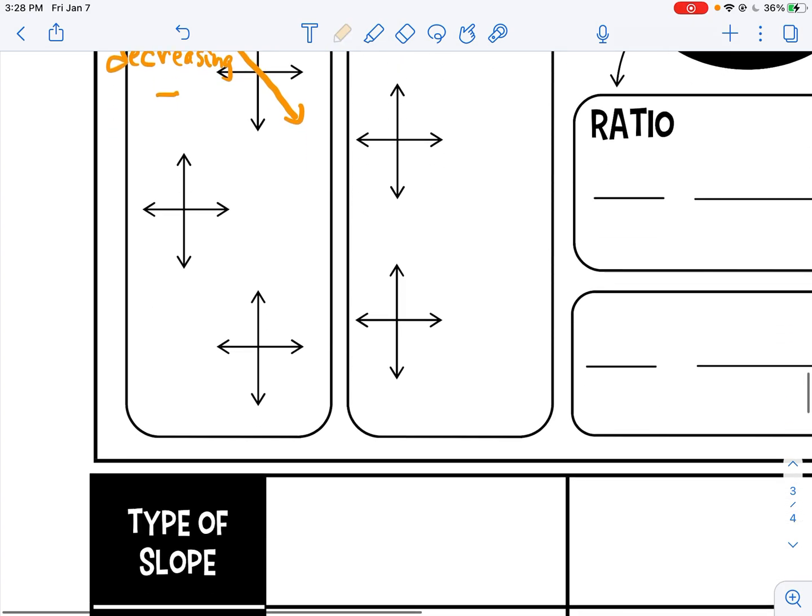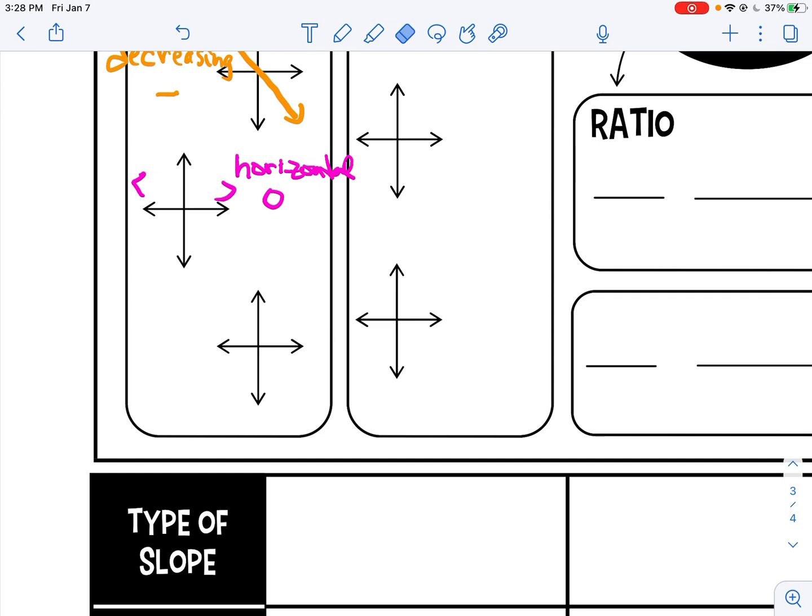Then we have, well, that wasn't a very good horizontal. There we go. Looks a little bit horizontal. And when it's horizontal, remember that it has a slope of 0. That is a horrible horizontal line.